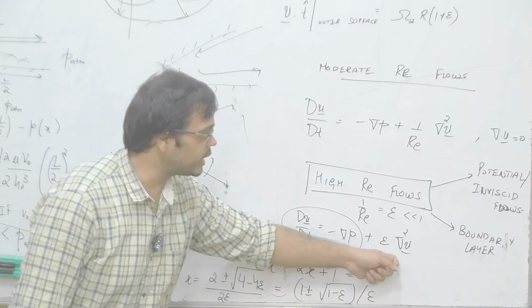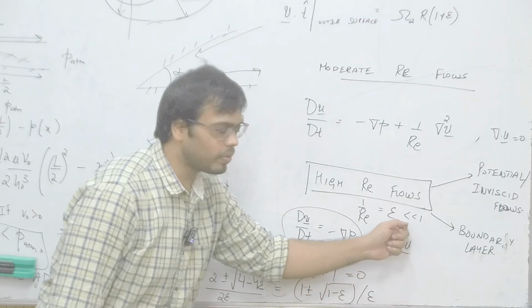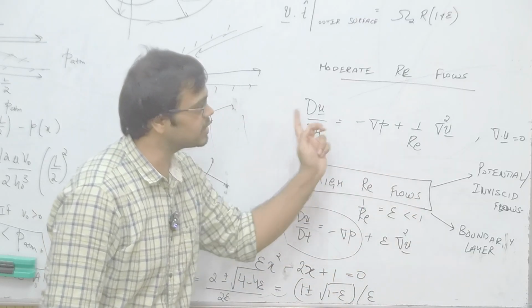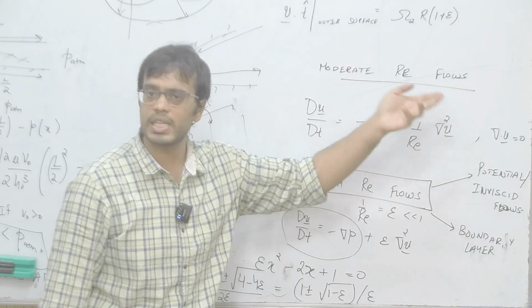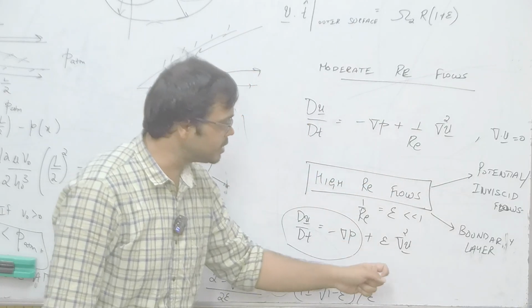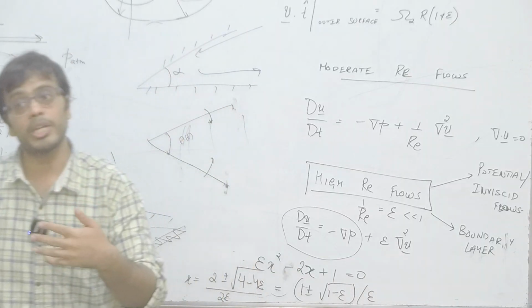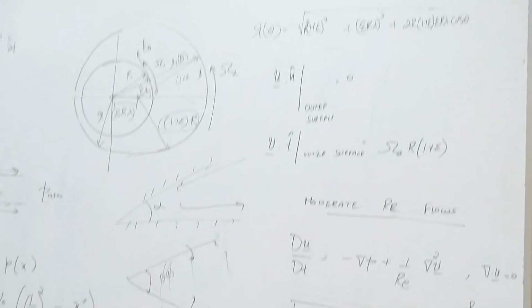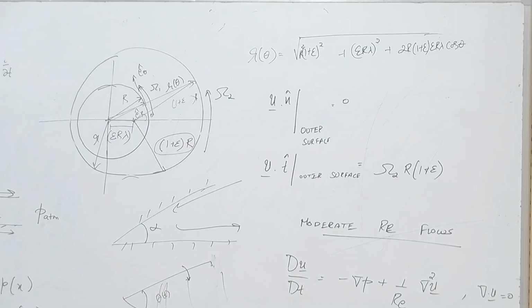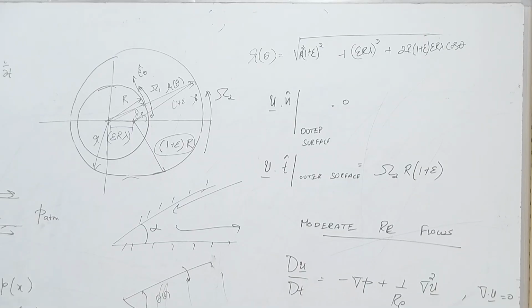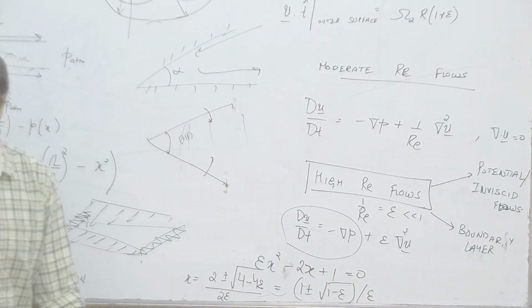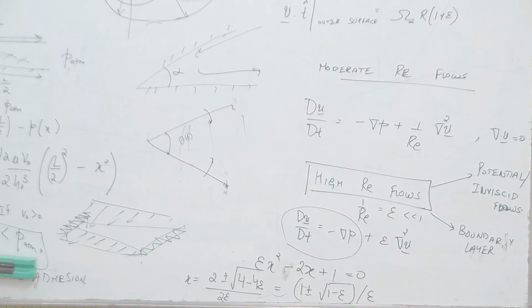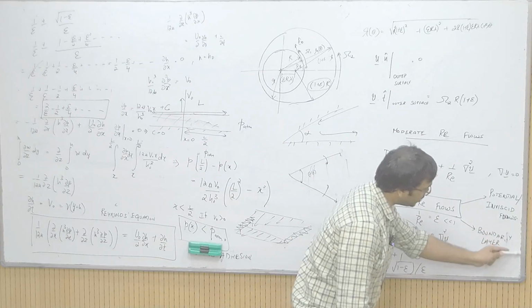As it happens, when you non dimensionalize this equation, the x, y and z length scales were all the same, and this del square u can be much larger than 1 if you have some boundaries. If you have a solid boundary, then very close to the boundary you can have del square u much larger than 1, which is multiplying a very small number, and the multiplication can be finite, and you cannot just naively drop every viscous stress term. That is the whole point of boundary layer theory.